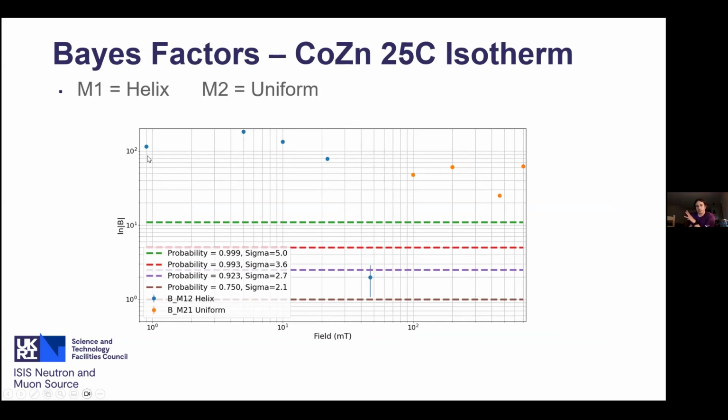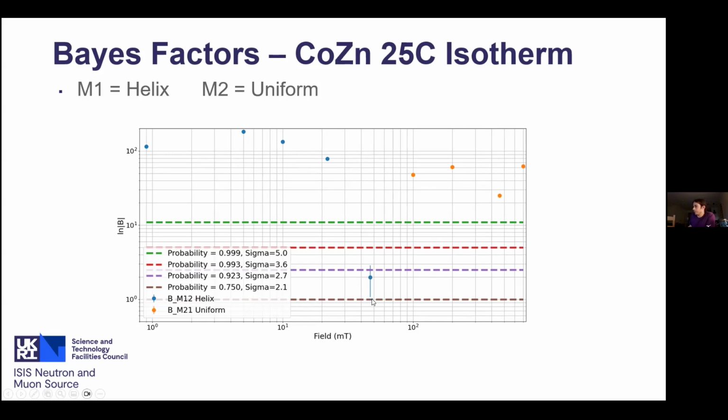I do apologize, I've swapped the colors around here. This was a mistake a while ago, but anyway. These blue ones are the helix, orange ones are uniform. For the most part, it's really stonkingly strong that we're either in a helical state or in the uniform magnetized state. But again, at that crossover point that I showed you earlier, not so clear.